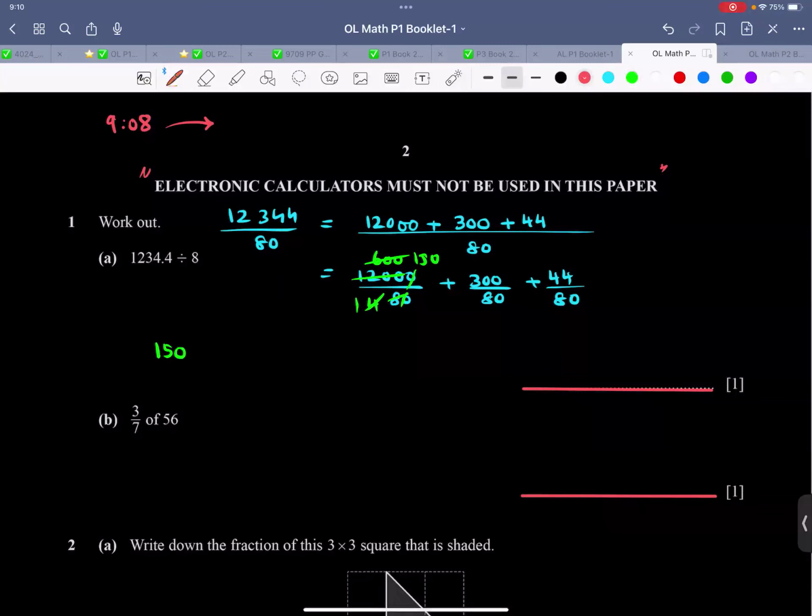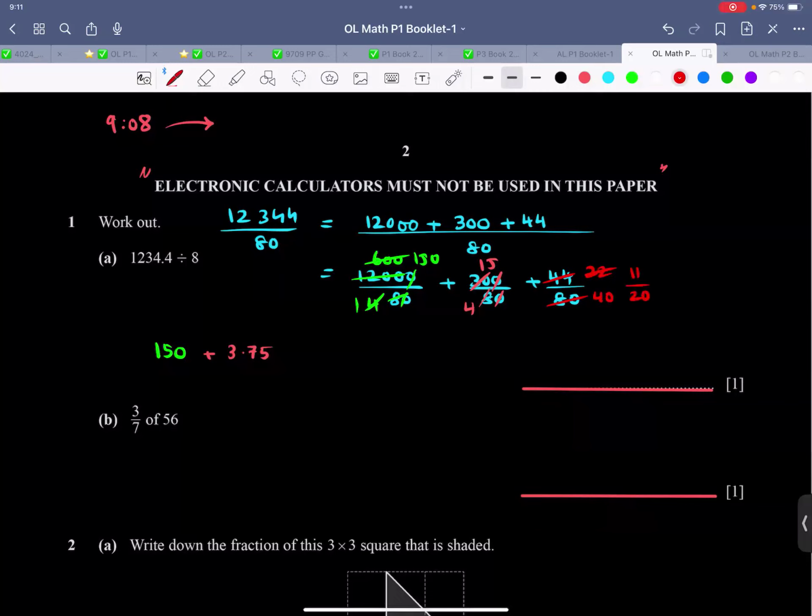And then this one, 300 over 80, that's 30 over 8. That is 15 over 4. So 15 over 4, that is 3.75. And then 44 over 80. So this is 44 divided by 80. That is 22 over 40. That is 11 over 20.